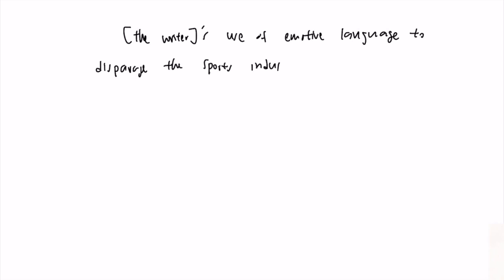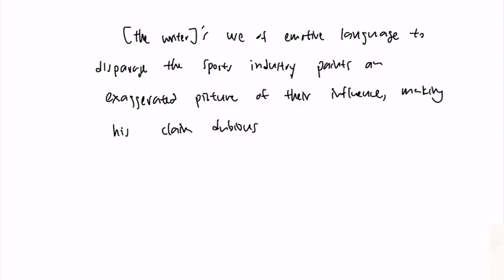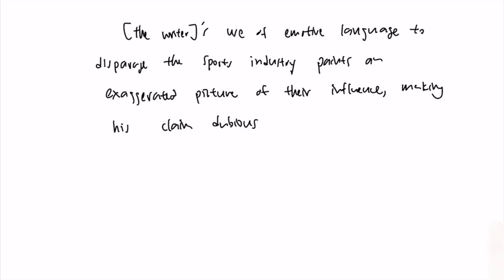Now, the final example would be the writer's use of emotive language to disparage the sports industry paints an exaggerated picture of their influence, making his claims dubious. So, in this case, we attack the writer's use of emotive language to undermine his claims or to doubt the veracity of his claims. We are arguing that his claims are dubious because he is using emotive language, which results in us questioning his motive.